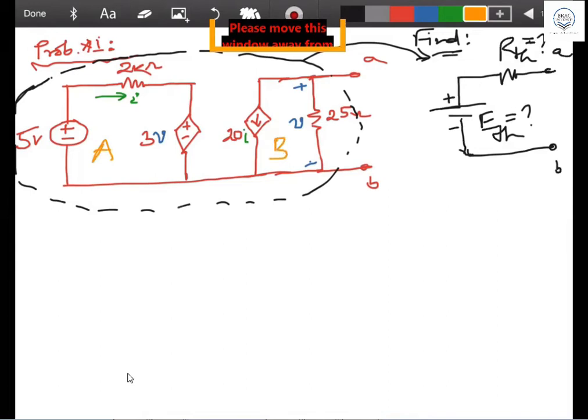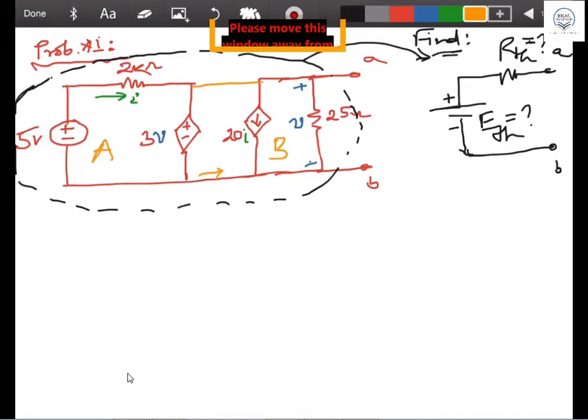hey, can you tell me what is the current flow through this? Will there be any current flow or not? If you connect this line, then it is a closed path, so the current will flow.